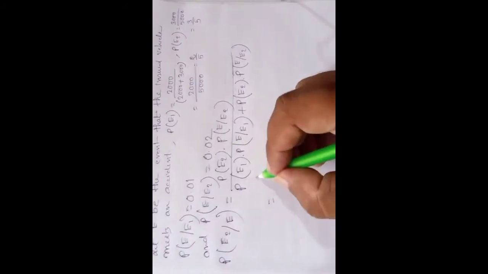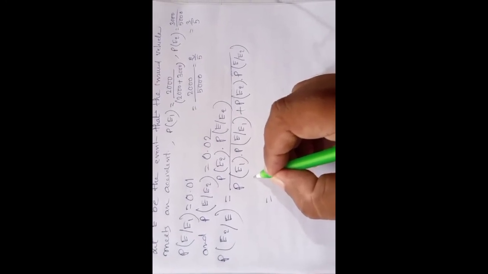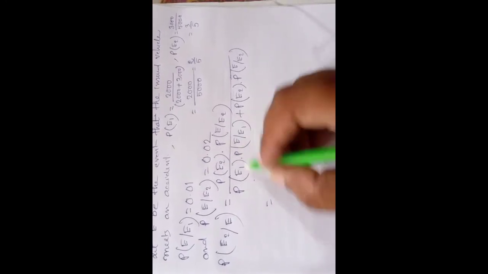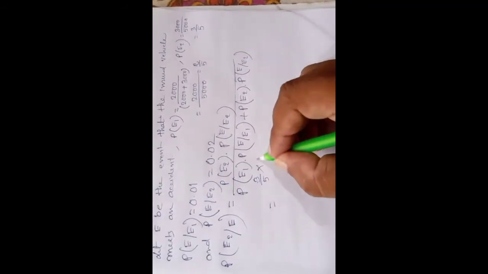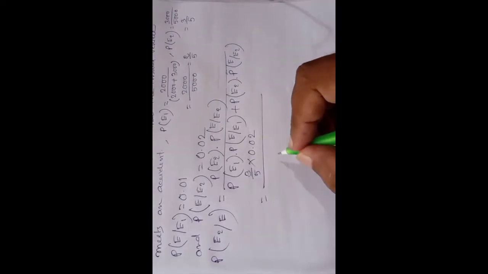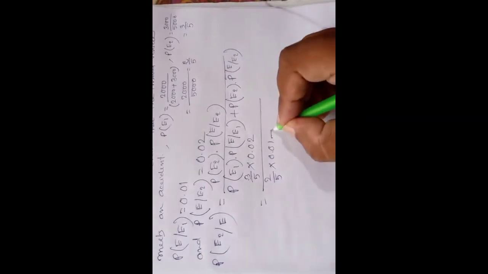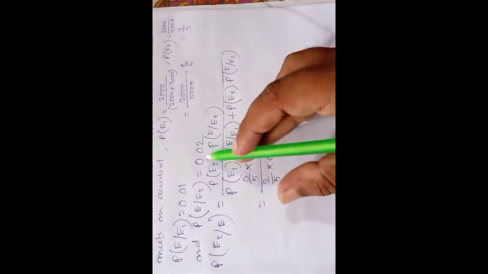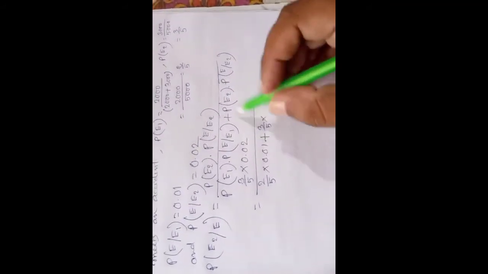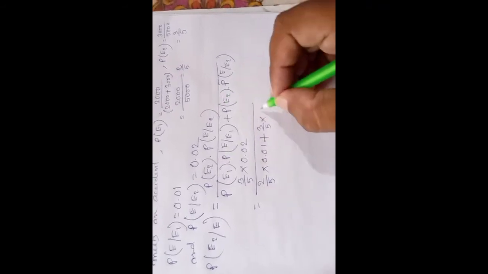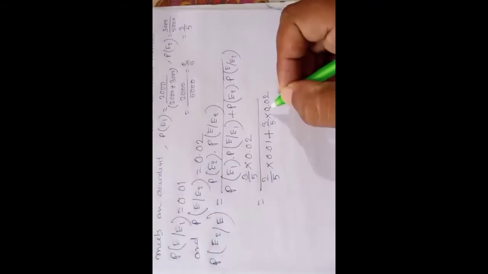So P of E2 by E equals 3 by 5 into P of E by E2, which is 0.02, divided by P of E1, which is 2 by 5, into P of E by E1, which is 0.01, plus 3 by 5 into 0.02.